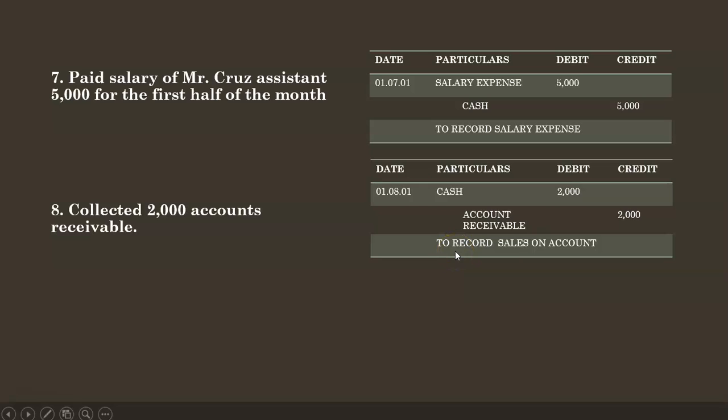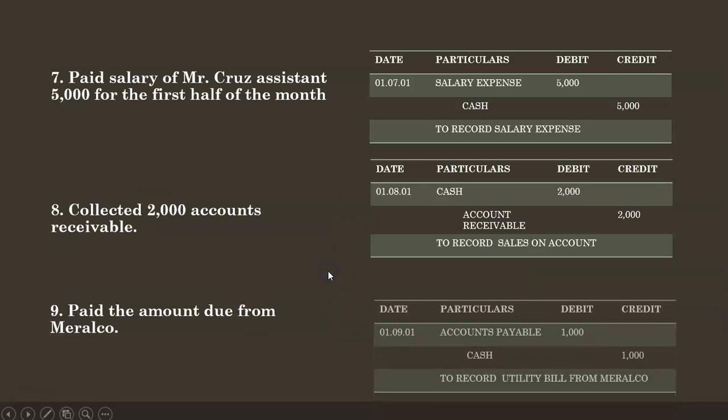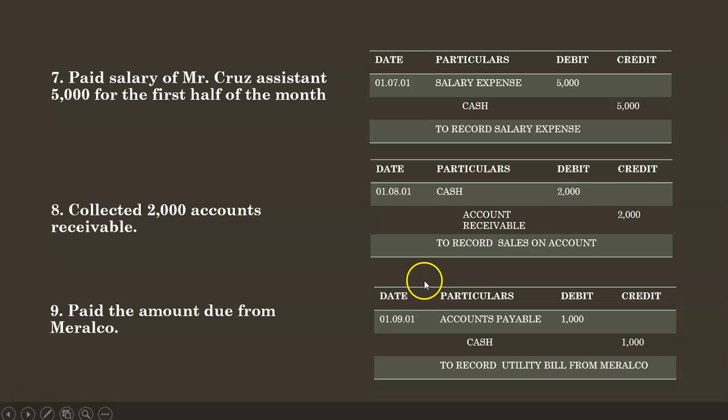Okay, let us now move on to transaction number 9. Pay the amount due from Meralco. So you pay the billing of Meralco. Let us see the journal entry. Date, January 9. So, you debited the accounts payable kasi nagbayad ka na. Wala ka na utang later on. So, debit 1,000, cash 1,000 pesos credit because nawalan ka ng cash.